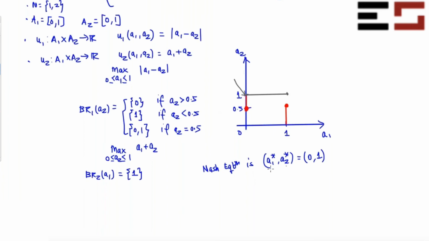Notice that no player will regret his move after playing the game this way. Given a2* equal to 1, player 1 is choosing his best response: 0 is the best possible choice for player 1, and that's what he chooses. And given that player 1 chooses 0, 1 is always the best choice for player 2, so he also chooses 1. So that's a Nash equilibrium.